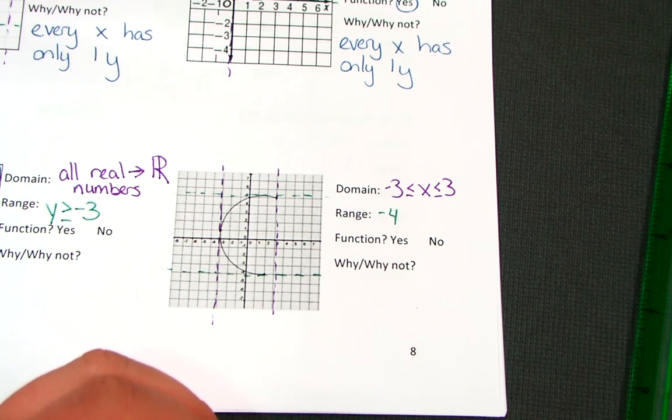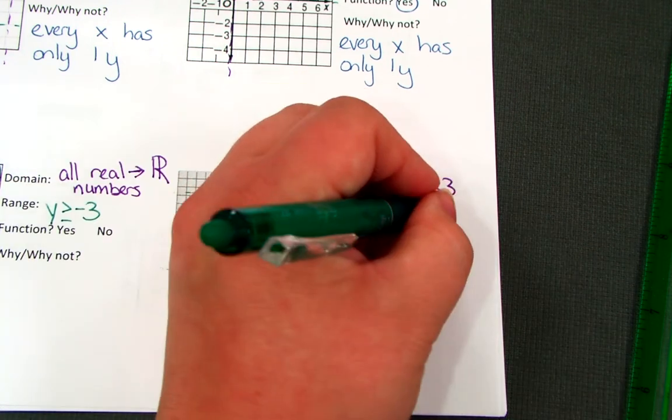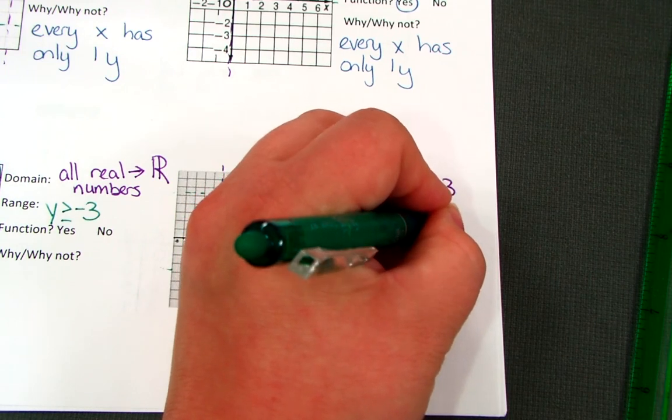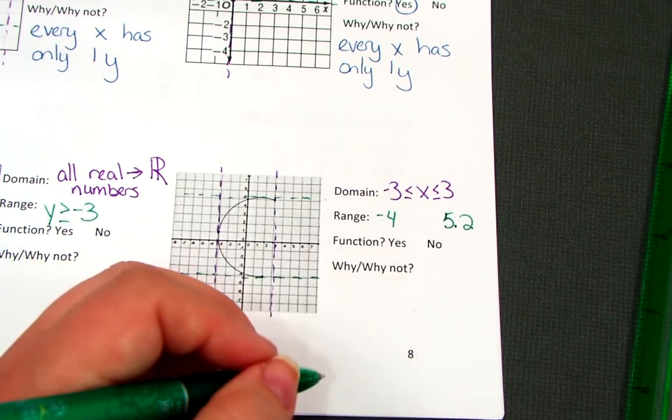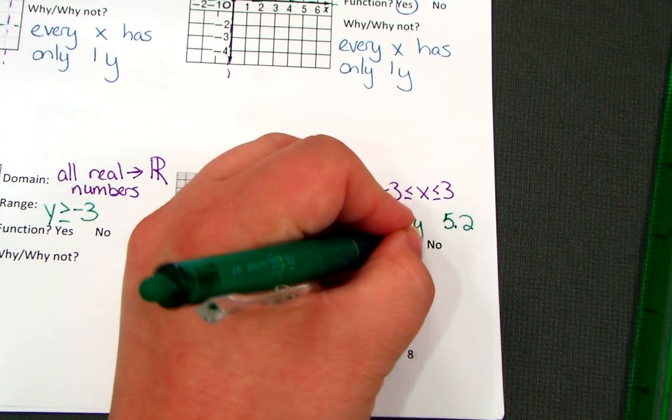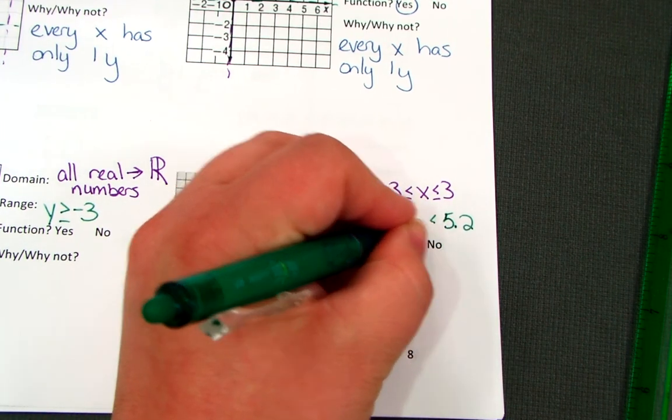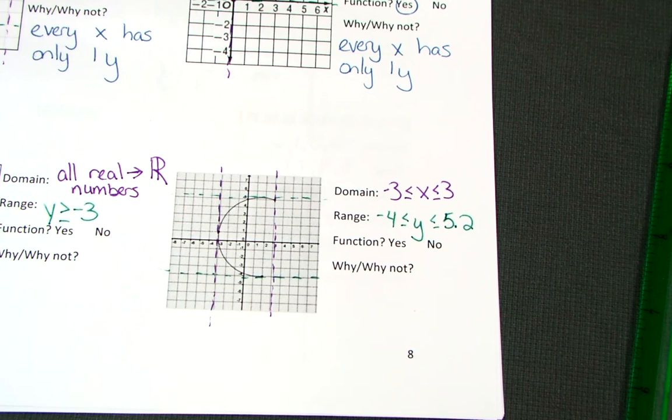Most certainly on a quiz or test, it will be something that crosses at a nice place, but this one just doesn't. So we're going to just round it, 5.2, somewhere in that range. Y is in between it, two less than or equal to's.